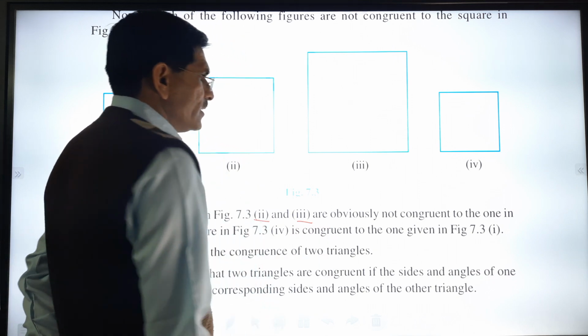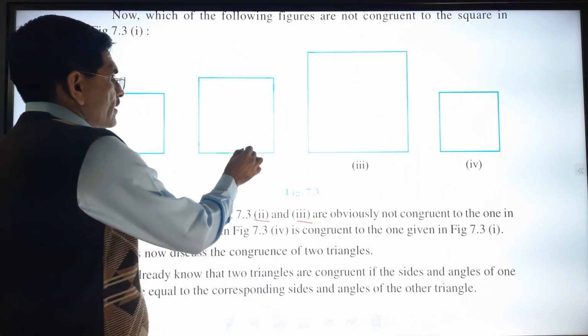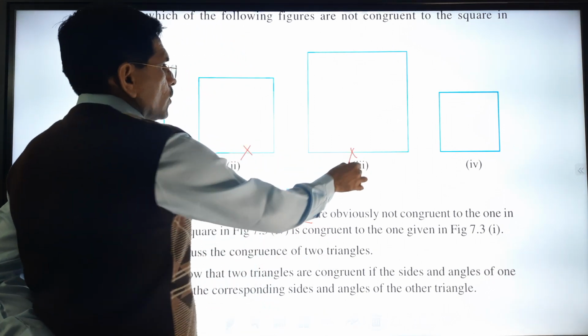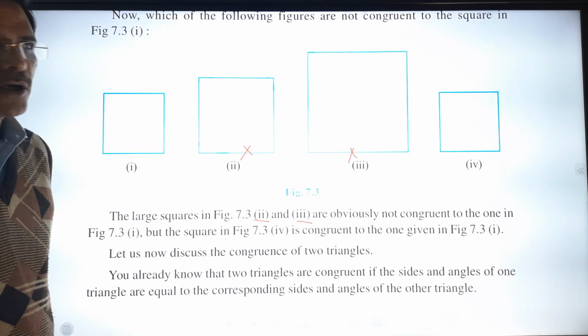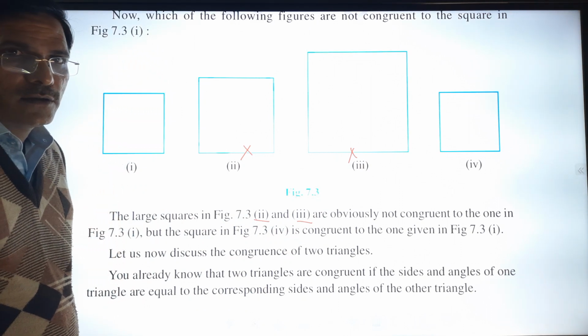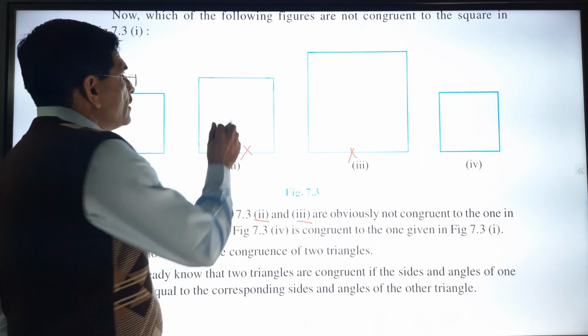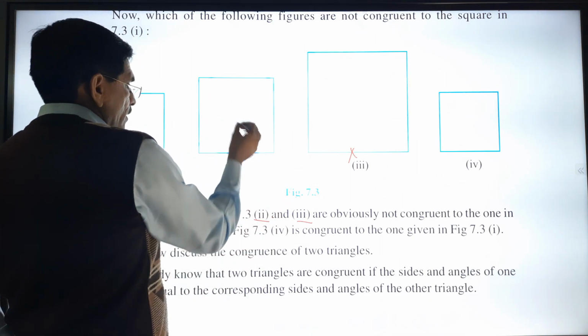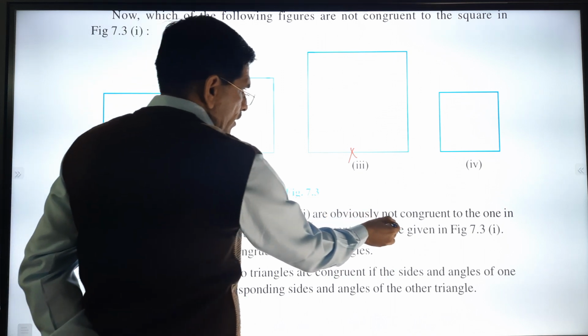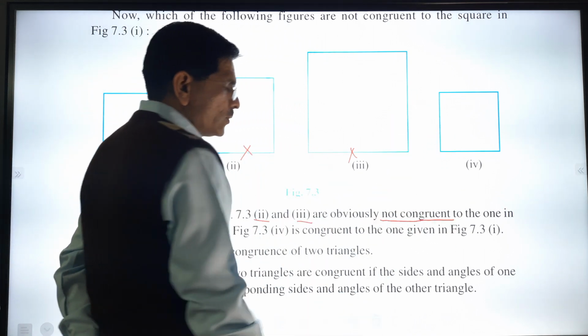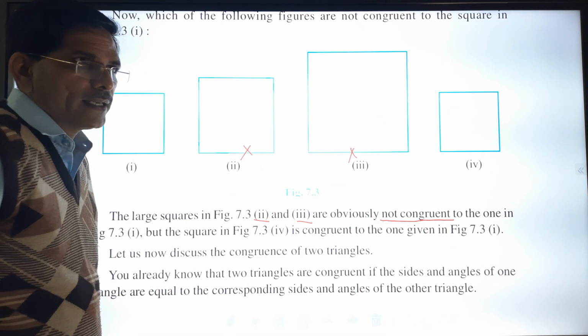Second and third are obviously not congruent. Why? Because the shape is the same, but the size is not. They are not congruent to one another. Why?